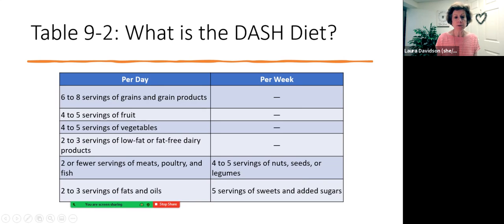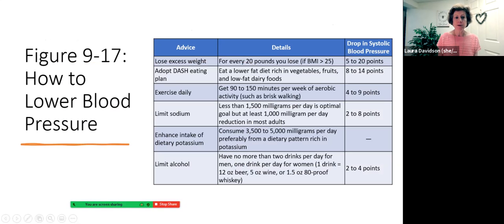Okay, we typically do well with grains and certainly with meats. In fact, we need to eat a little less of that. But this area that's so important for providing those minerals that we need to lower our blood pressure, we're not meeting.